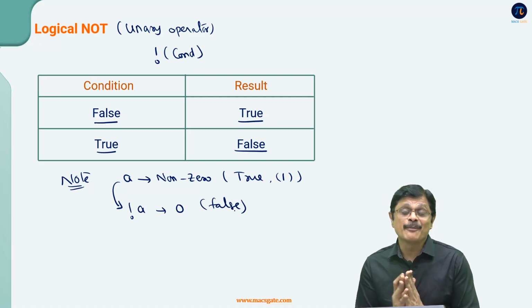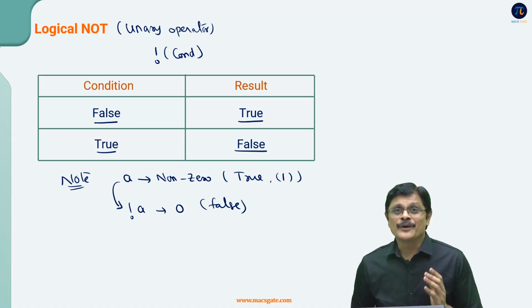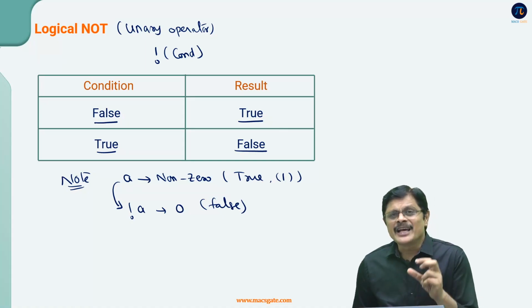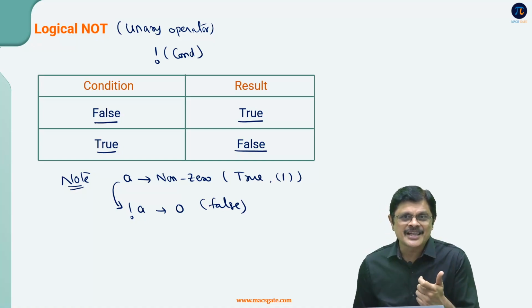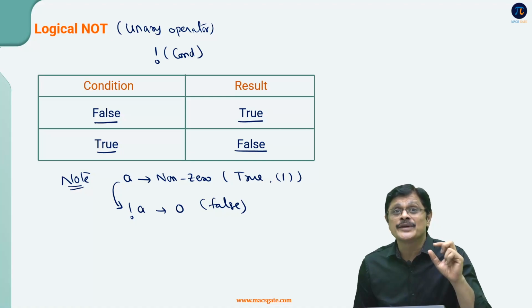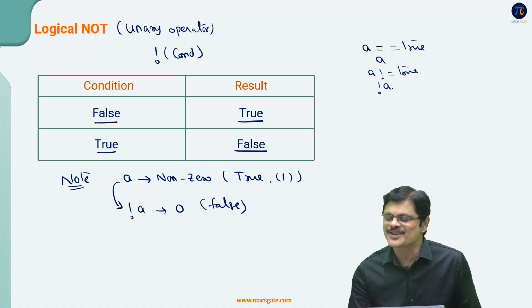This is very, very important, and we use this idea regularly with selection structures, even with repetition structures, because there is some condition which needs to be verified. In those portions where the condition needs to be verified, we use this idea, that is, a non-zero value is a true value. So, if you need to say A is equal to true, instead of that you can write simply A. And if you want to say A not equal to true or A equal to false, that can be written as NOT A.